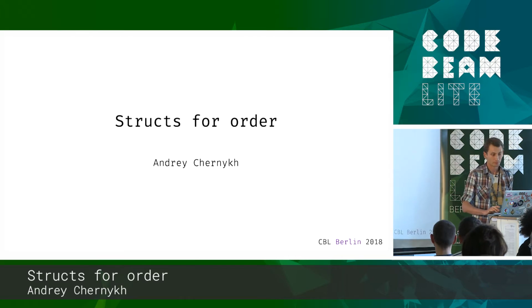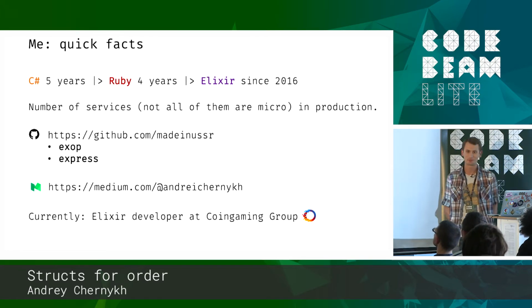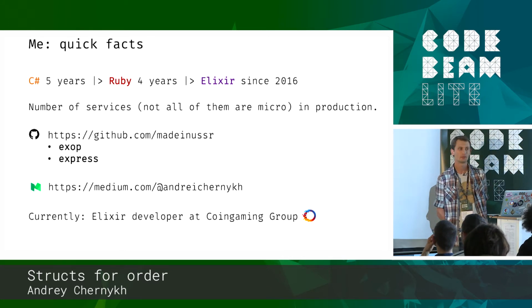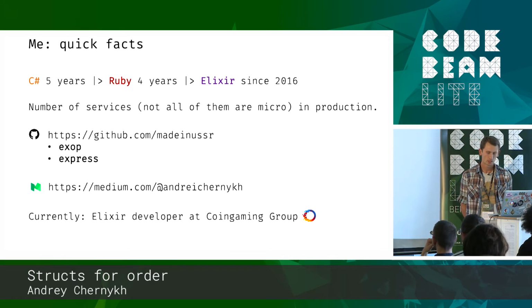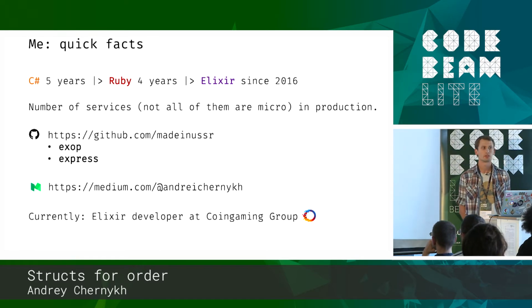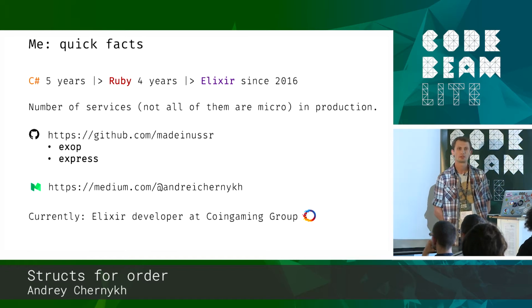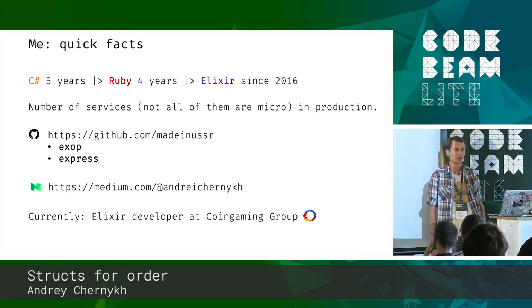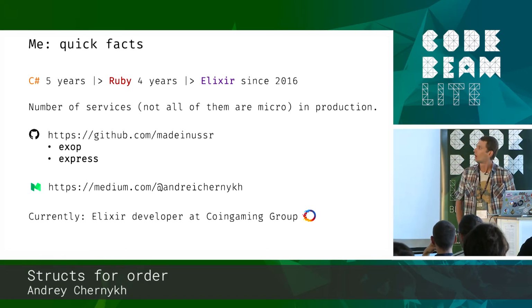But first, let me continue to introduce myself. Yeah, I'm from Russia, but currently I work and live in Estonia, in Tallinn. I studied as a .NET developer some time ago, and after several years being a .NET developer, I got tired of a career full of enterprise stuff, and I switched to Ruby and then to Elixir. I don't want to bother you because it's a pretty common switch.